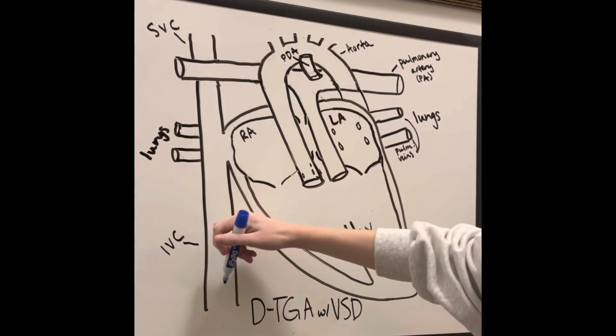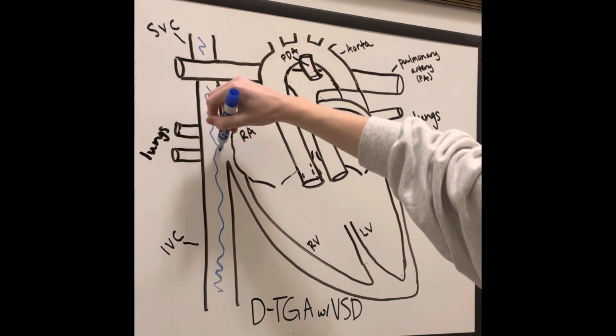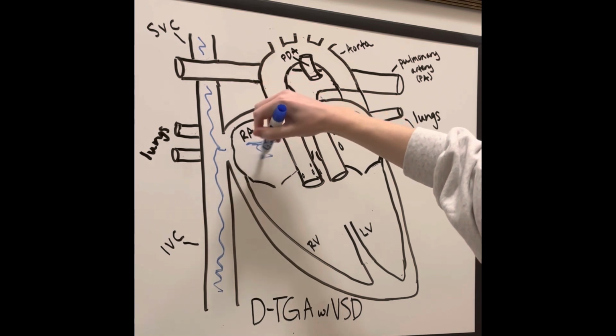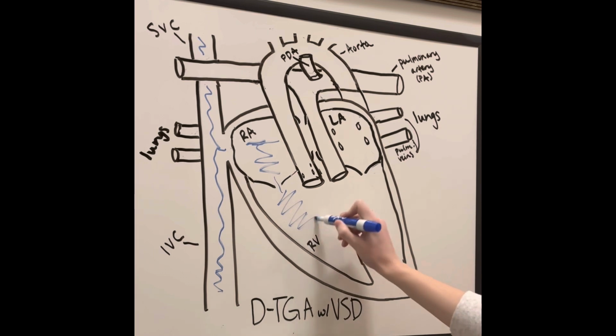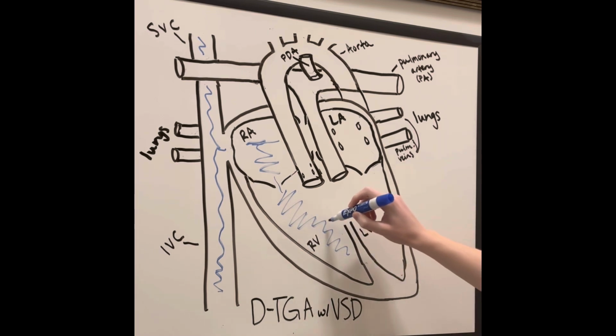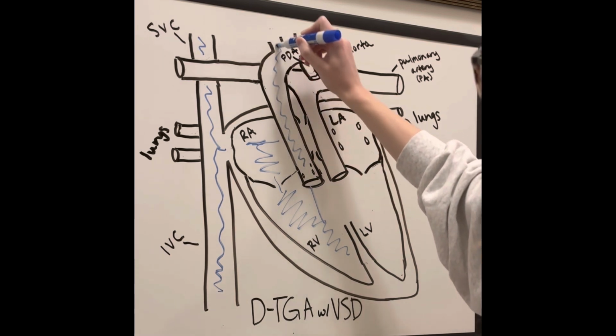So blood comes from the body and then into the right atrium. And then it's pumped from the right atrium to the right ventricle. And then that blood is pumped to the body.